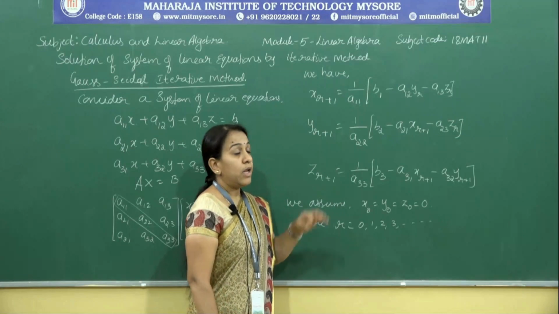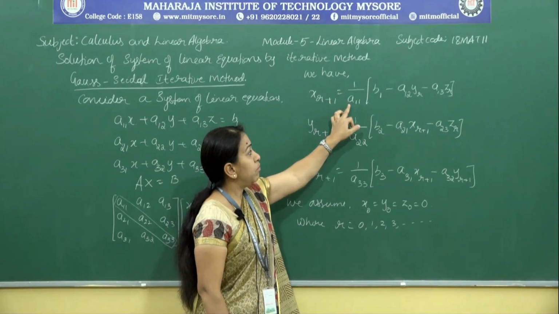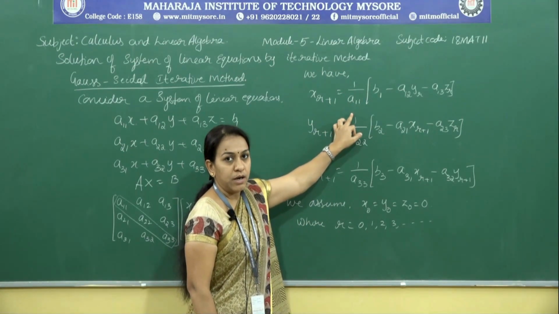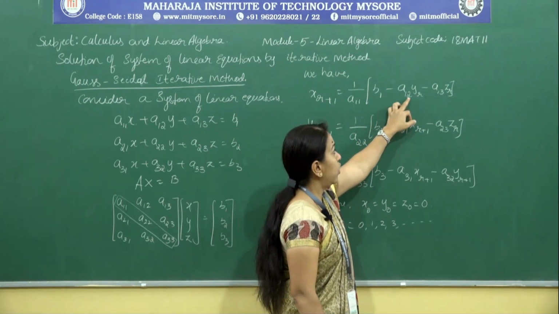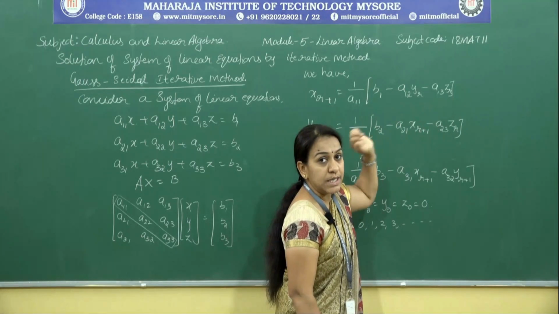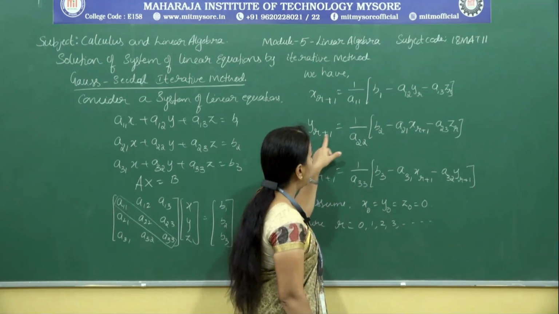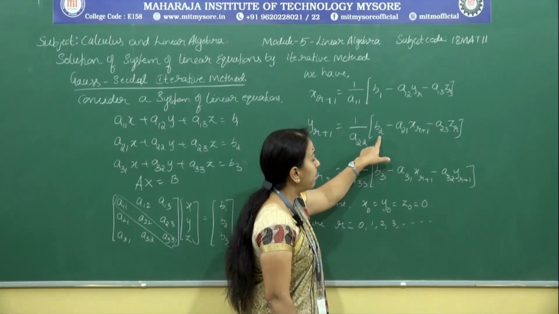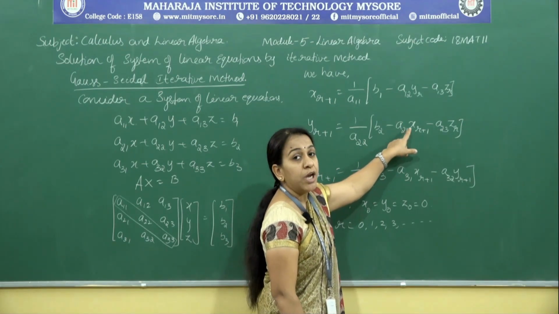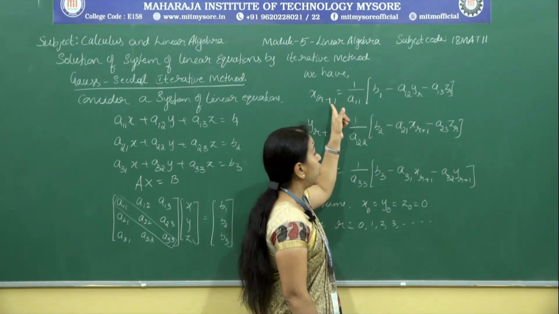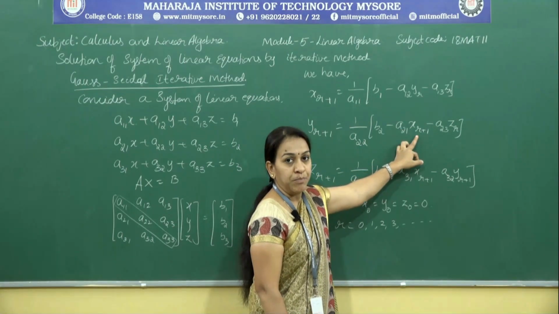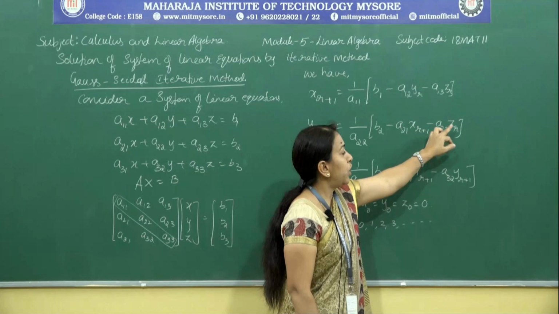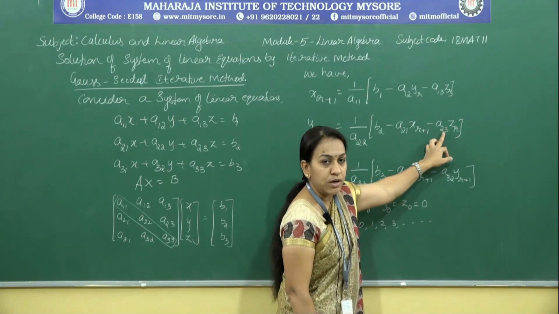Now, what is the formula? x(r+1) is 1 by a11, the diagonally dominant element, into b1 minus a12 y(r) minus a13 z(r). Then y(r+1) is 1 by a22 into b2 minus a21 into x(r+1). Here we get x(r+1), so we should use this value, minus a23 into z(r), the initial value.